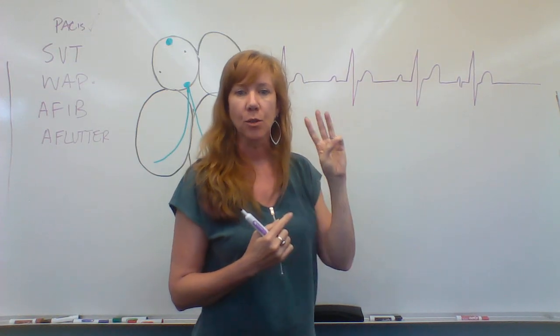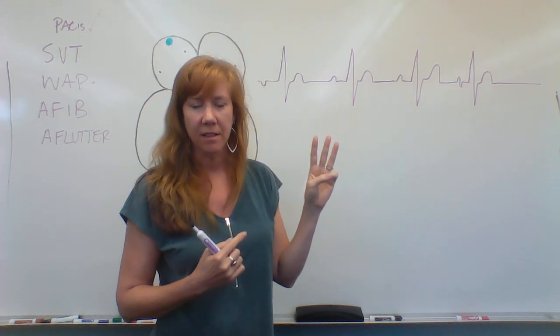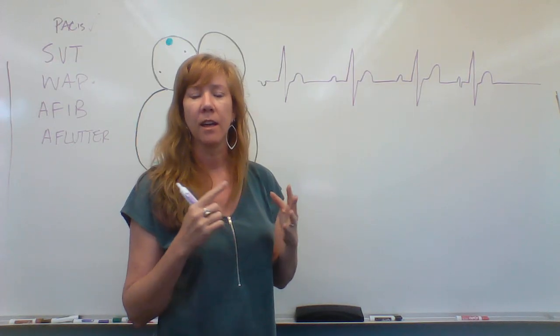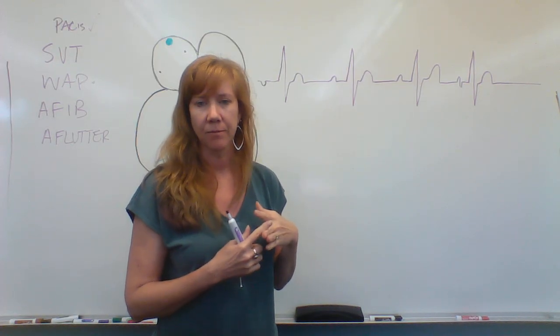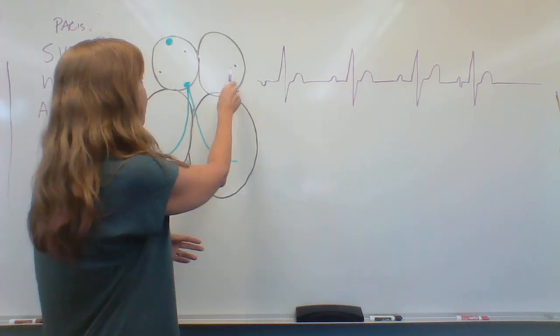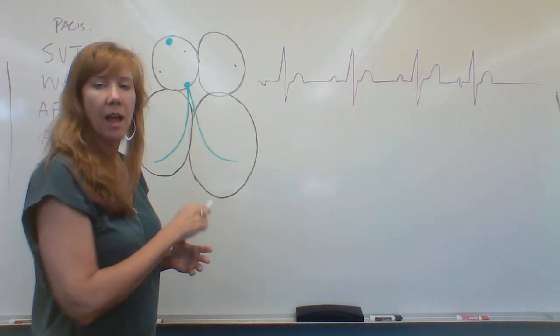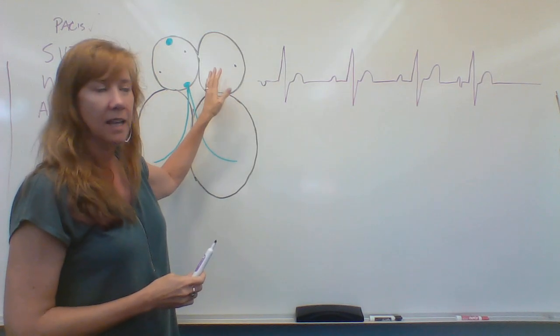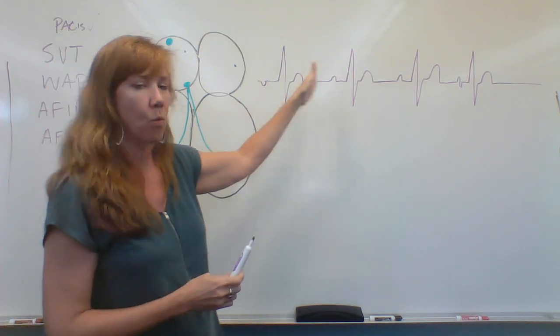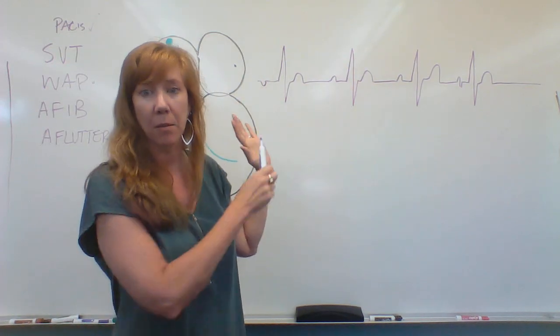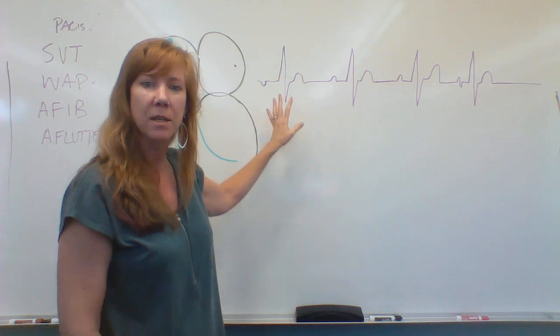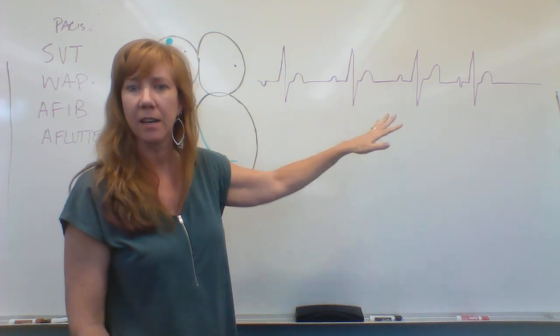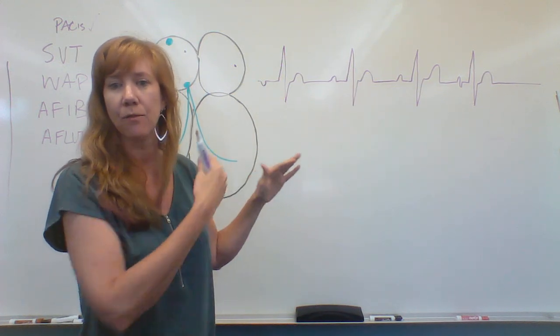If you have at least 3 different Ps, that's a wandering atrial pacemaker. So it means they have at least 3 different cells that are firing. Now, if any of these cells decide to speed up, they will take over, and then you'll just have one type of beat, and it'll probably be much faster than this. But as long as they're all about the same speed, it'll just keep switching back and forth, and that's wandering atrial pacemaker.